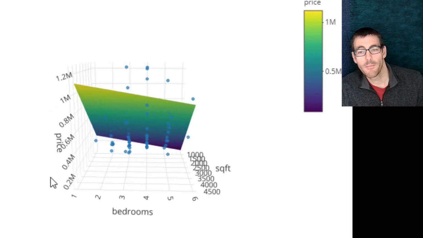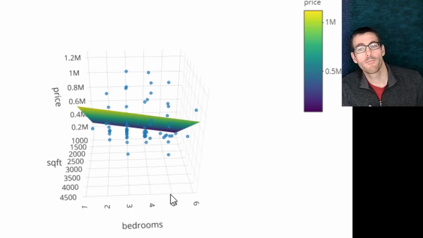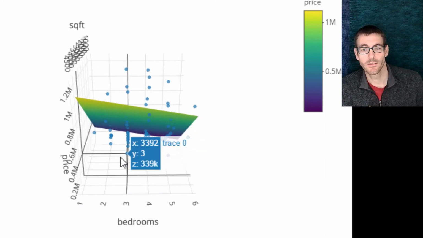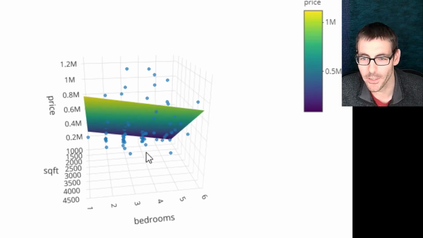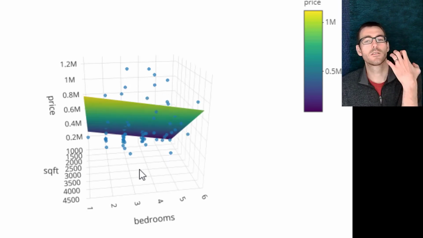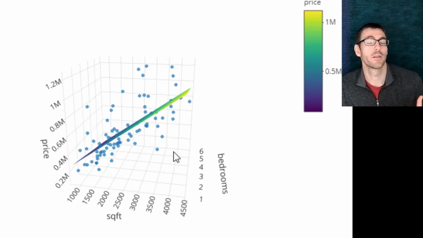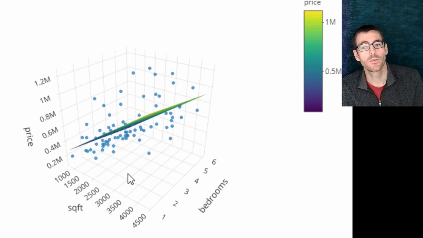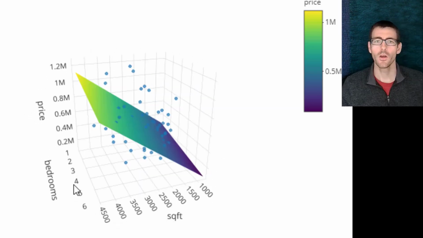However, if we look at bedrooms, so the bedroom count, as the number of bedrooms increases, we actually expect the price to decrease. And getting the image to cooperate can be a little bit tricky, but in general we have this downward slope. And the dominant effect here is that square footage is really what's governing what's going on. At a given particular square footage, we may expect more bedrooms to mean a lower price.